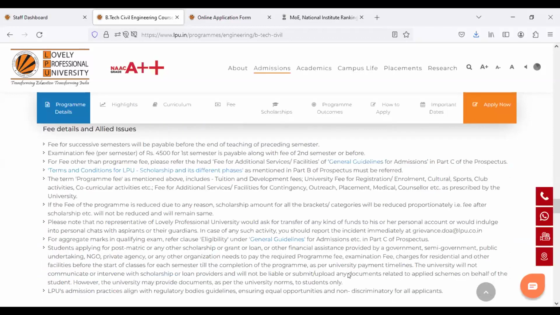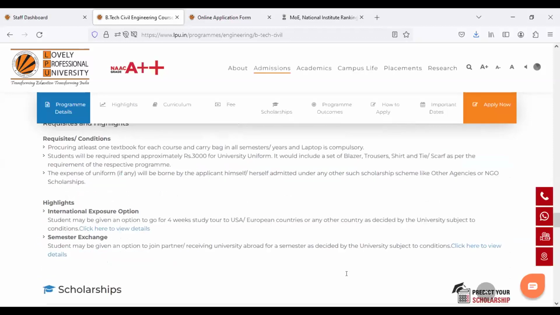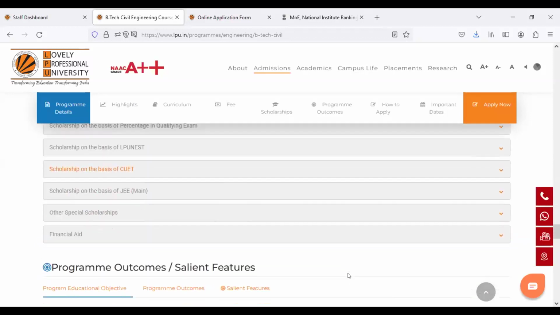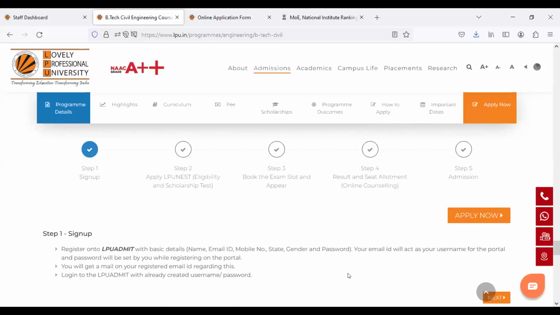This way you can get the scholarship benefits. Furthermore, if you check the process for this BTech Civil Engineering program, very first is sign up. Then you have to apply for LPNest, that is for eligibility as well as the scholarship test.